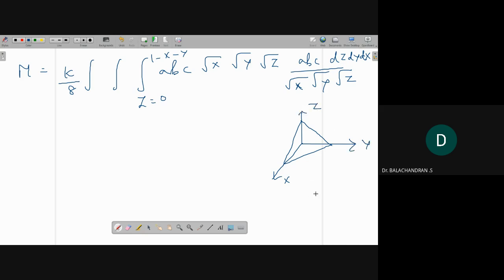And then after the projection, this is x plus y equal to 1. So take a strip parallel to the y axis. Y varies from 0 to 1 minus x, and x varies from 0 to 1.